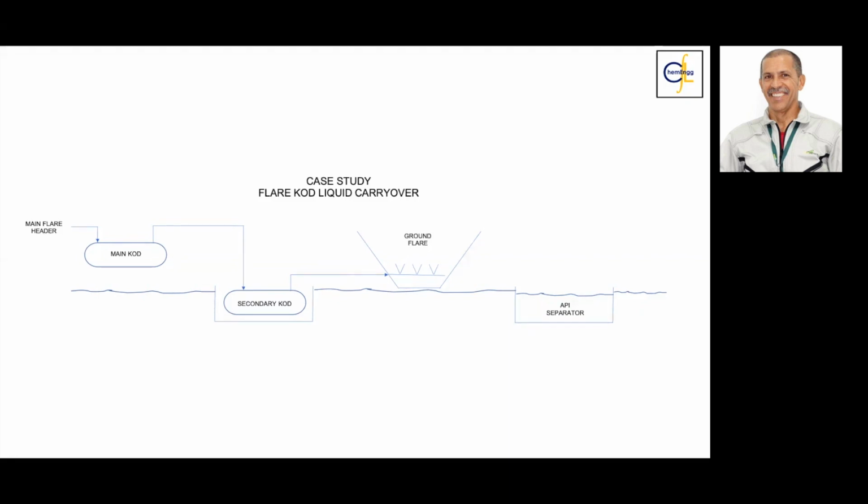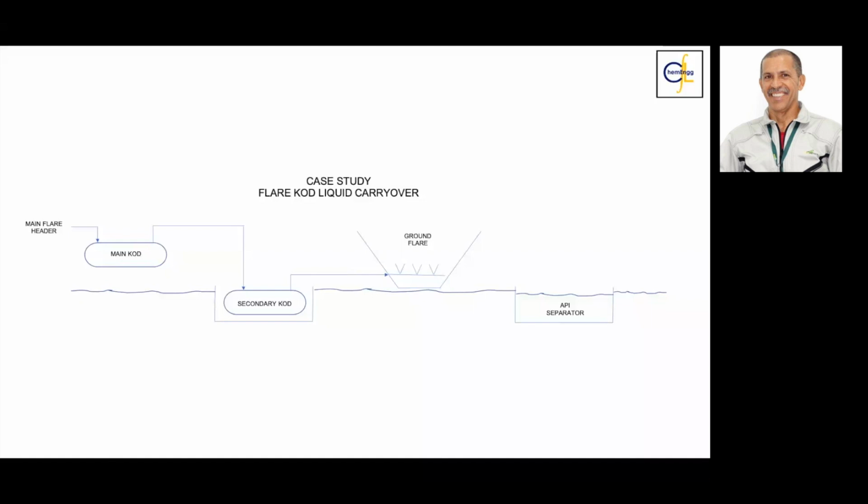In this case, we checked the capacity of this knockout drum, and we said, okay, according to the normal operation of the plant and the information we got from the field regarding the liquids coming into this flare, and the liquids that are condensing during the flare release, this main knockout drum was okay, and this is the conclusion we have.